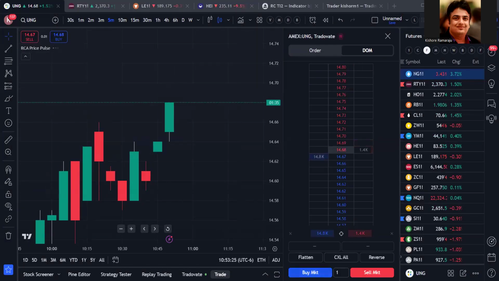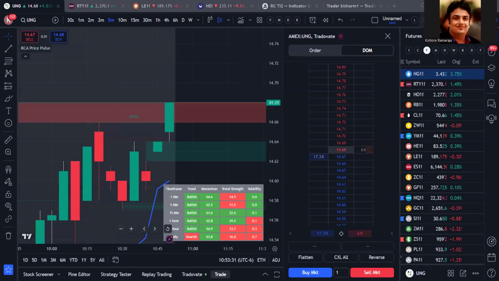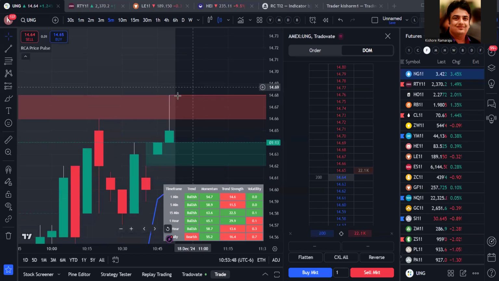14.67, within a few minutes, that made nearly... so it went to that resistance area.